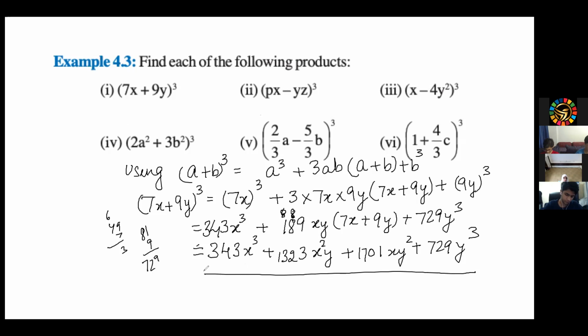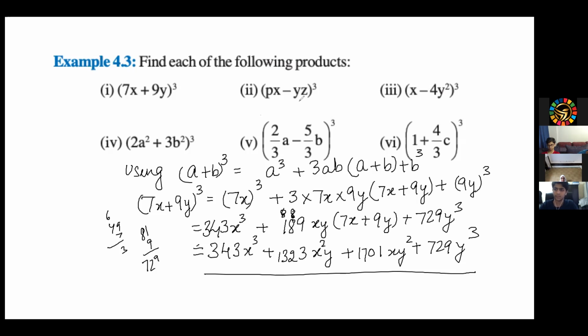Farhana, did you understand this formula? Yes, ma'am. It is cube, so you need to multiply 3 times. Square means you have to multiply 2 times. Okay. So cubic multiplication, a little lengthier calculation will be there. Ma'am, I got the same answer.